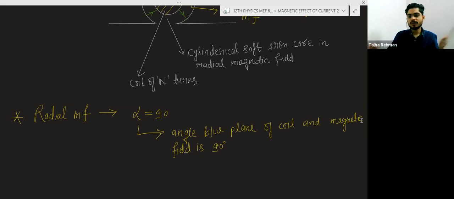Okay. So suppose this is your coil, this is the plane of the coil. When this coil is like this, then also the angle between the magnetic field and the plane of this coil will be 90 degree.